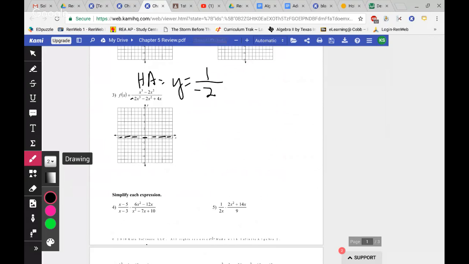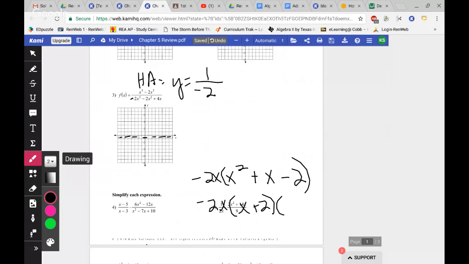In this case, I can factor out a -2x, and it's going to leave me with x squared plus x minus 2, which then factors to x plus 2, x minus 1.